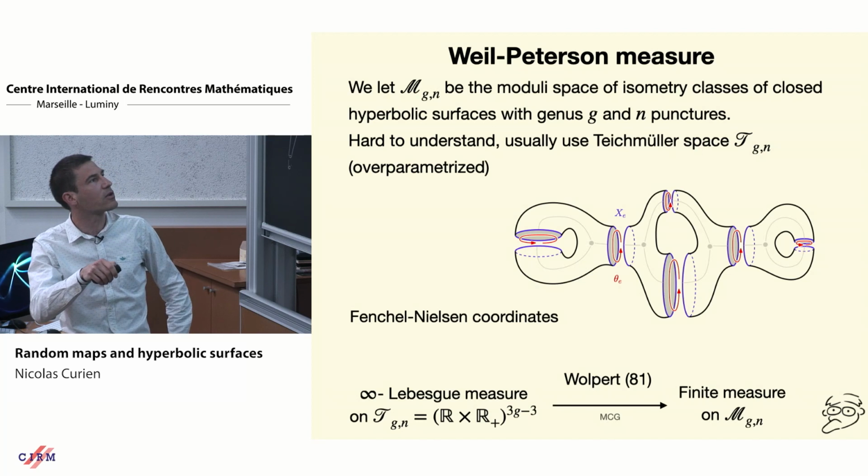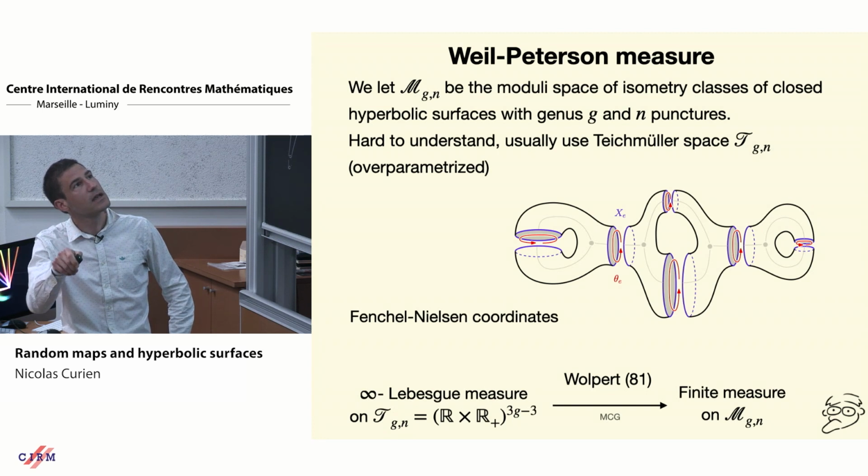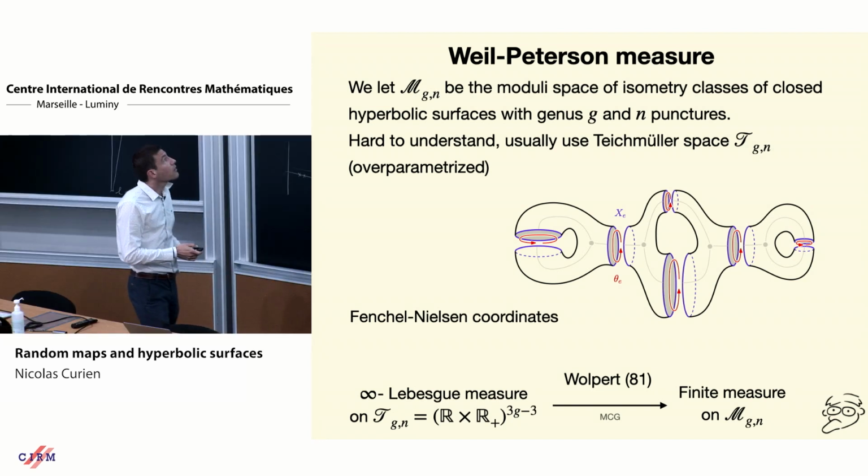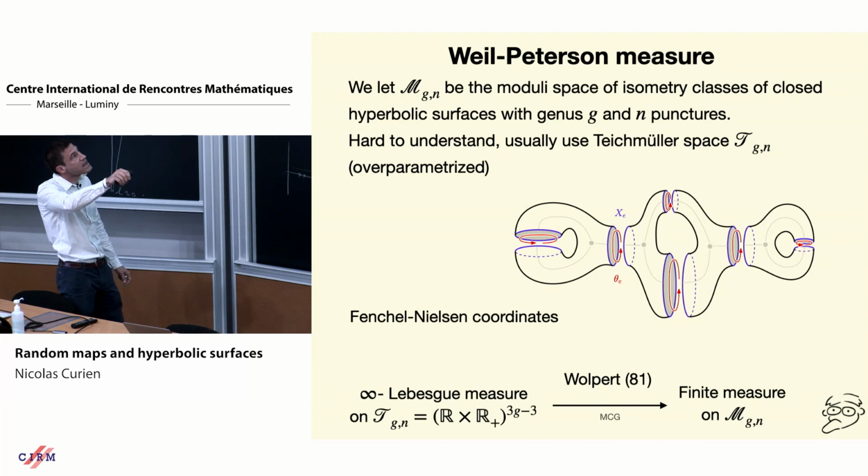Well, it's a little counting, but you have 3g minus 3 edges like that, right? And for each of these, you have one parameter x_e, which is positive, lives in R+, and theta_e, the twist, lives in R. So for any of these choices of x_e, theta_e, you get after gluing a hyperbolic surface.